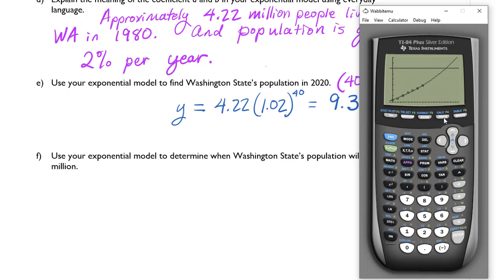So I'm going to hit trace, and it looks like it's hopping along the data point, so I'm going to arrow up, arrow down. It really doesn't matter, let's just use that. And then I'm going to arrow over to where the intersection happens to be. And that will tell me how many years have passed. Okay, so 53.5 years would have to pass before the population would hit 10 million.